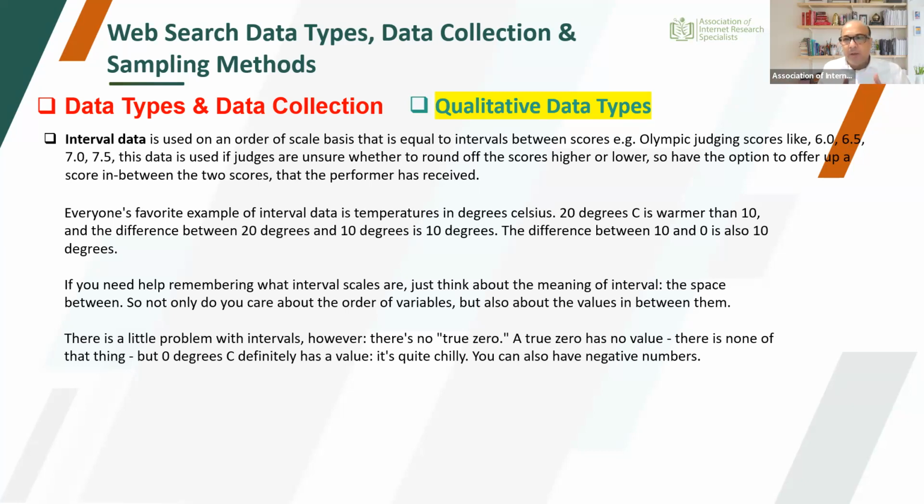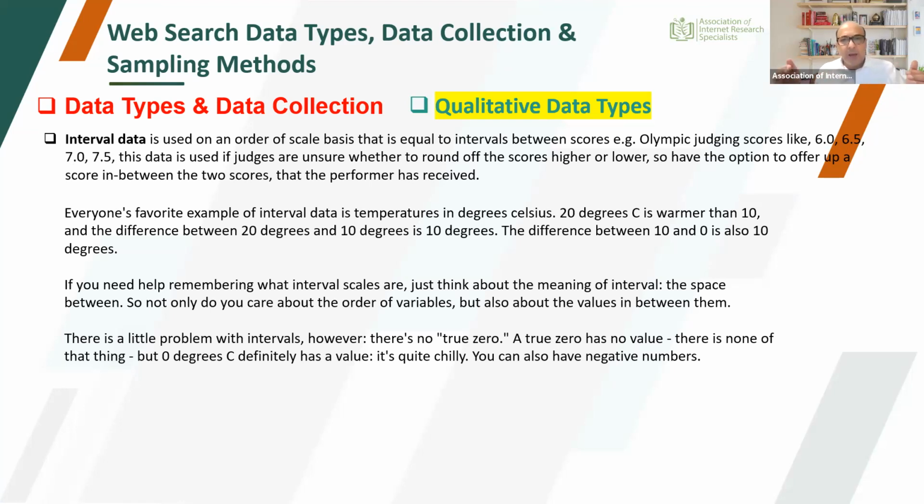And that's where you need the athlete to do a number of dives, and each dive would have a number that represents the performance score of that particular single occurrence of that performance. And so to collect that data, they would give several numbers like 6.0, 6.5, as in this example, to give a score to somebody. So that is interval data.